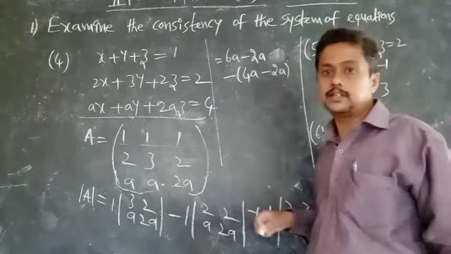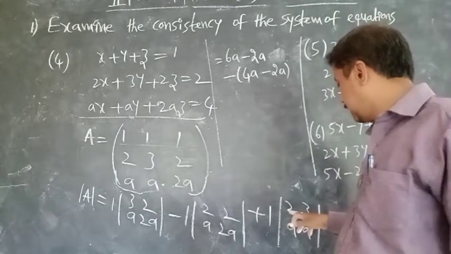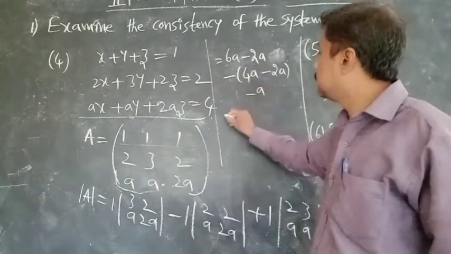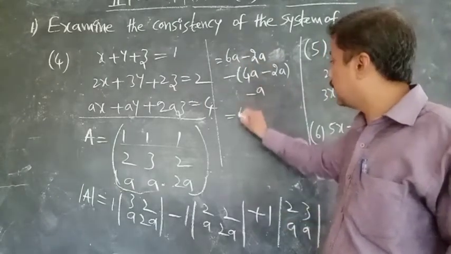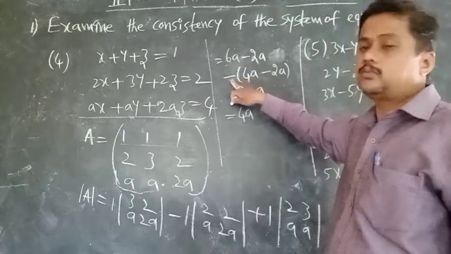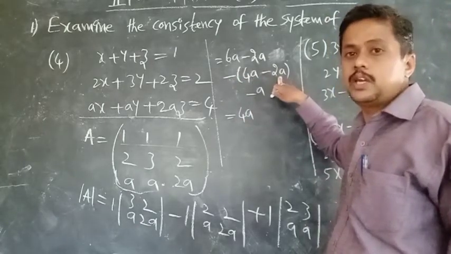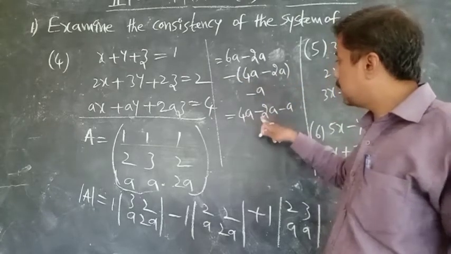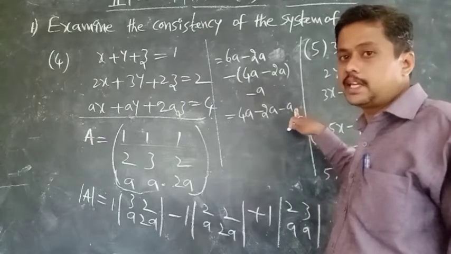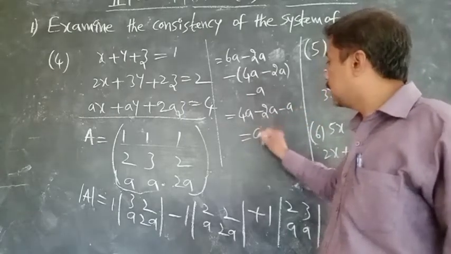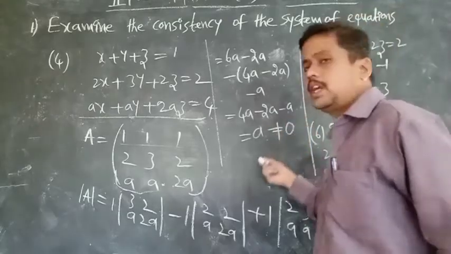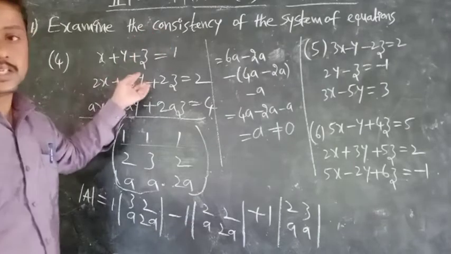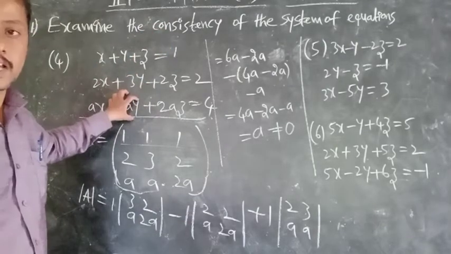Next here, 2A minus 3A, 2 into A, 2A minus 3A. 2A minus 3A is minus A. Simplify: 6A minus 2A is 4A, minus of 4A minus 2A, which is 2A, so 4A minus 3A is equal to A. A is not equal to 0, so therefore this is consistent.